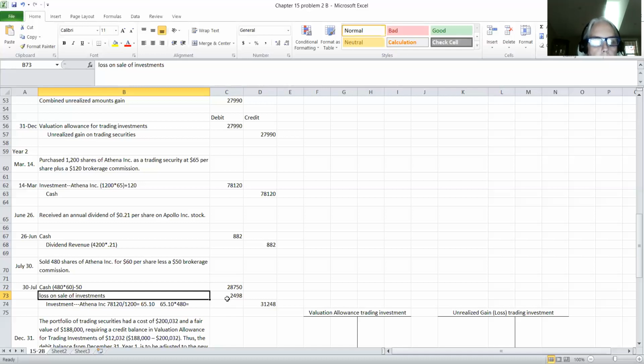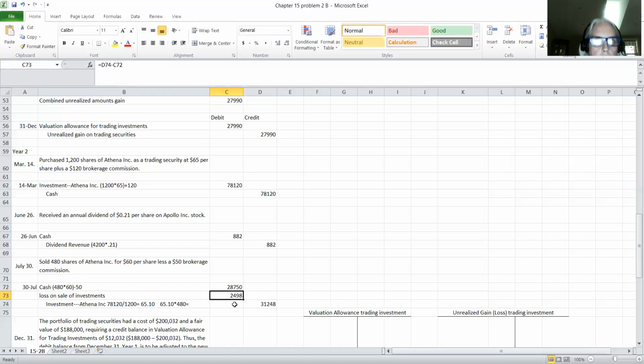And if we were preparing an income statement, our loss would show up in the other revenue, expenses, and losses section of the income statement. This is an actual loss because the selling price was less than what we purchased the investment for. The difference between these two is a loss. It is also a plug figure here.